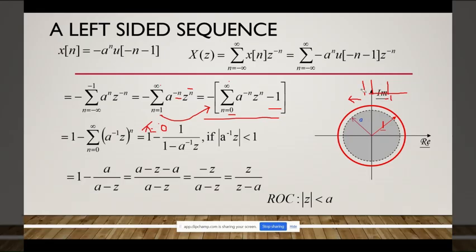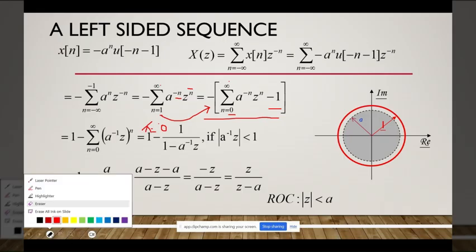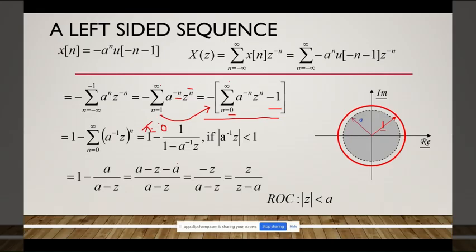ROC is z less than a. You can take this again for finding the ROC. When will this become infinite? Again when z is equal to a. So we have to avoid this.